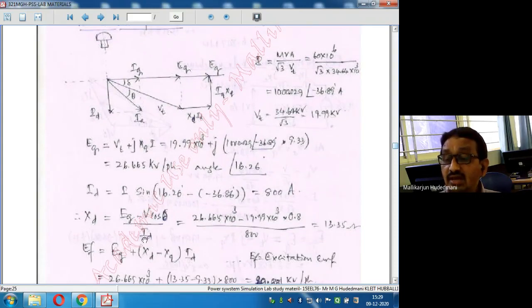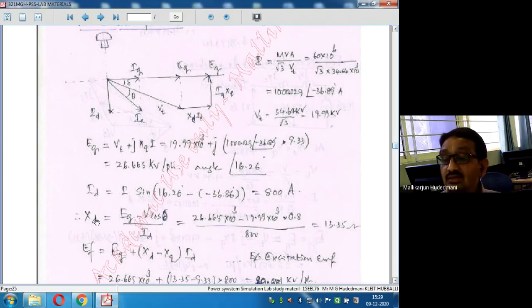Just take this ID to the LHS: XD into ID on the LHS. Take this V cos theta to the other side. So V cos theta plus XD into ID becomes EG. It means from this expression, I am able to get XD.